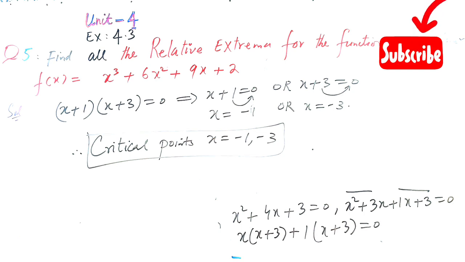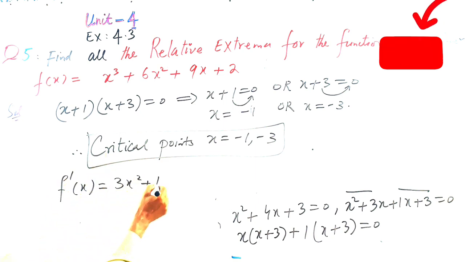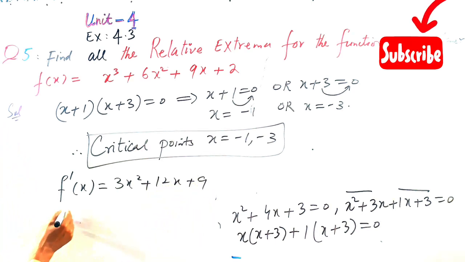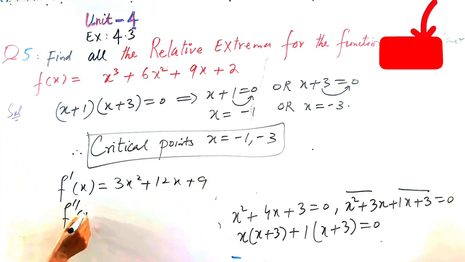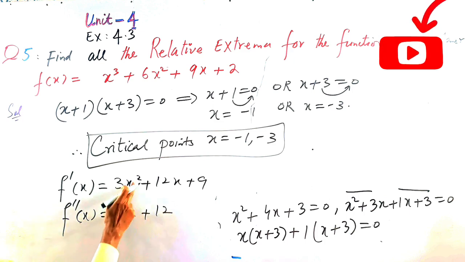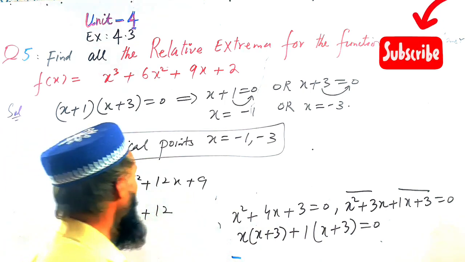Now we find the second derivative of the function. The first derivative was 3x square plus 12x plus 9. Now the double derivative gives 6x plus 12: 2 multiplied by 3 is 6, the derivative of 12x is 12, and the derivative of 9, a constant, is 0.